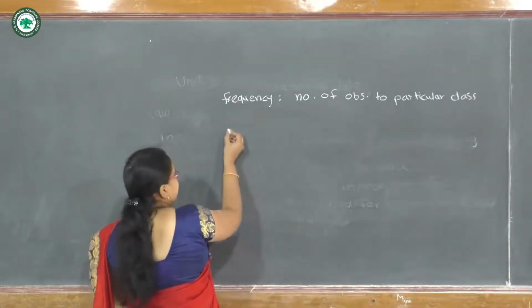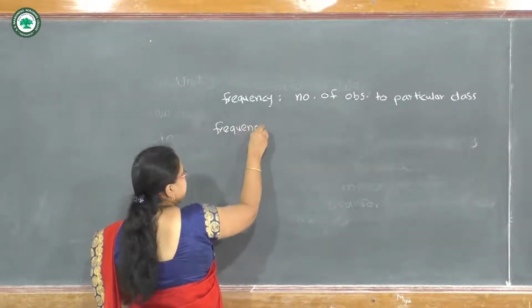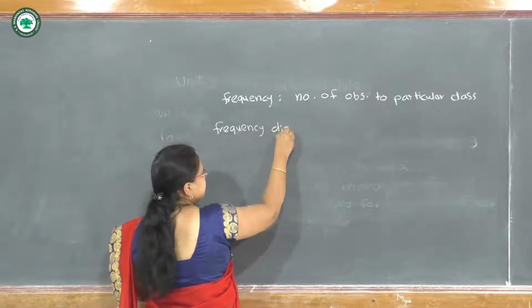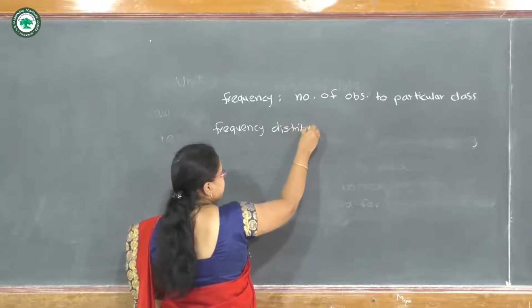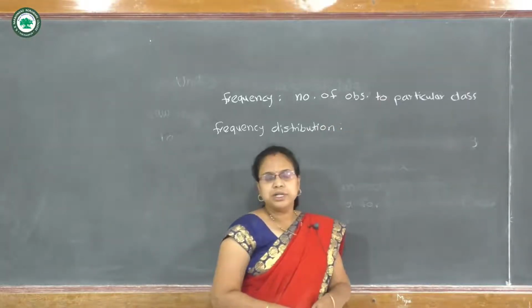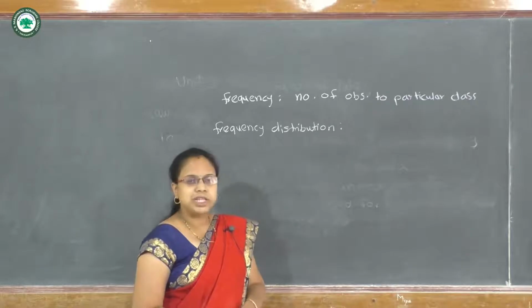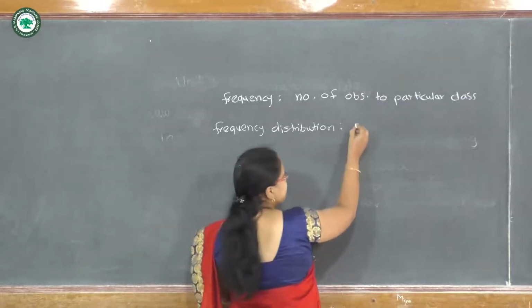Then the next definition is frequency distribution. Frequency distribution means a table which contains classes along with their related frequencies.